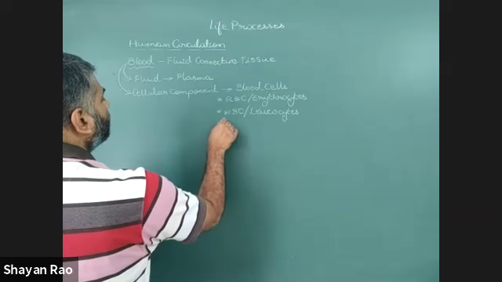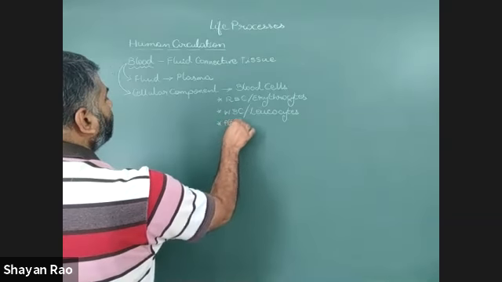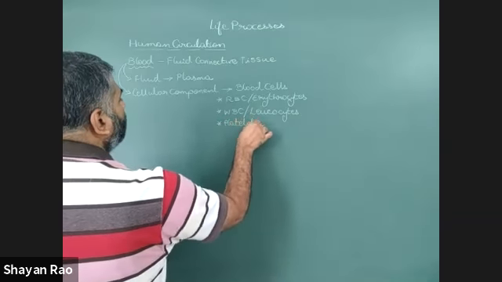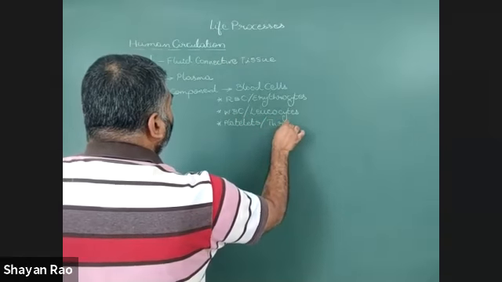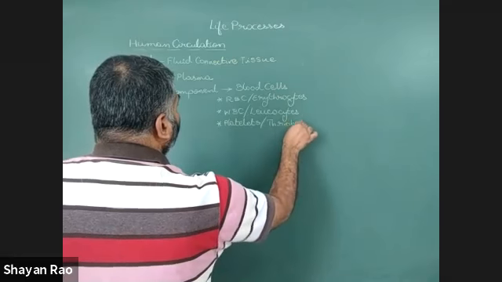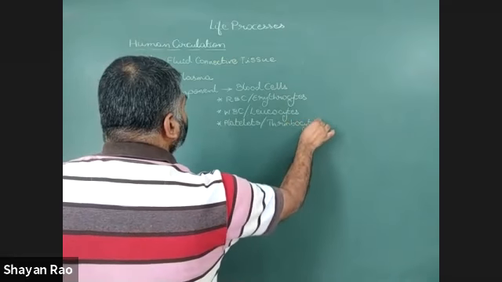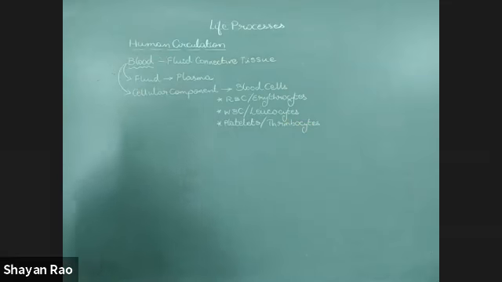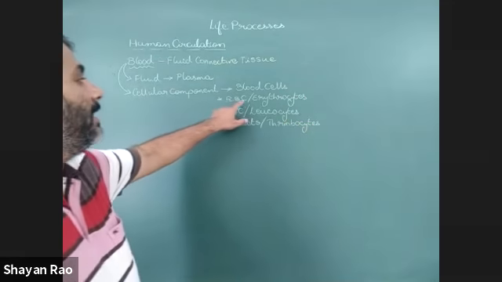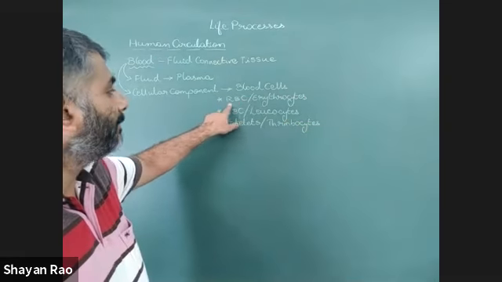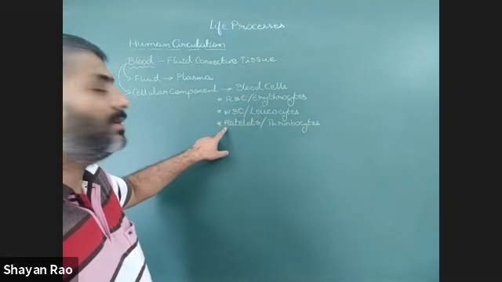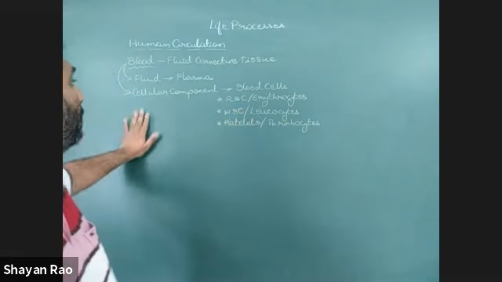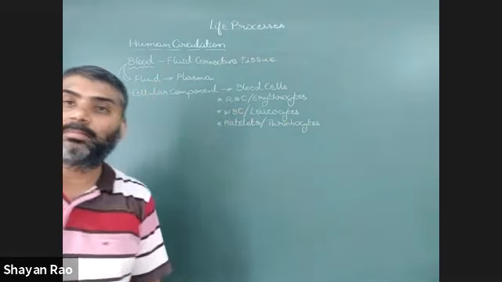And third is platelets. These platelets are also called thrombocytes. So three types of blood cells we are able to see: erythrocytes, also called RBC, leukocytes, also called WBC, thrombocytes, also called platelets. So first, let's try to understand about the plasma.